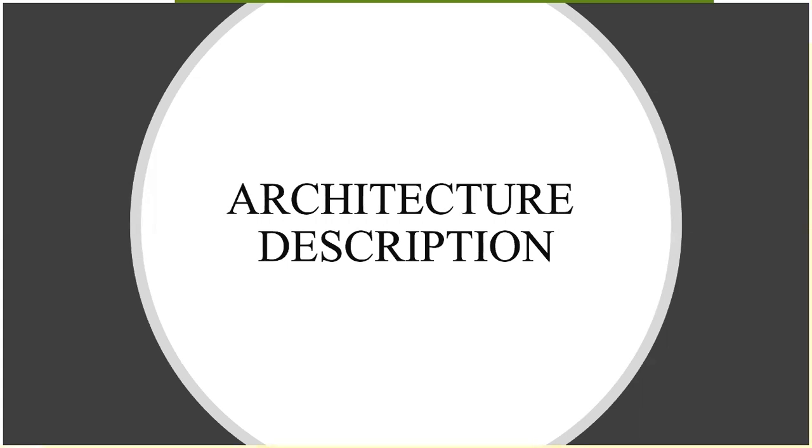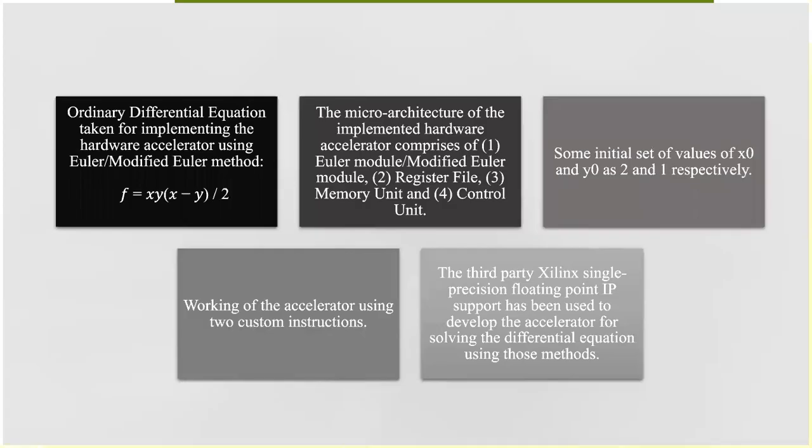So regarding the architecture description of my hardware accelerator, we will move forward to the next slides. At first, while developing the hardware accelerator, we have taken a specific ordinary differential equation, which will be implemented as a hardware accelerator using the Euler and modified Euler methods.